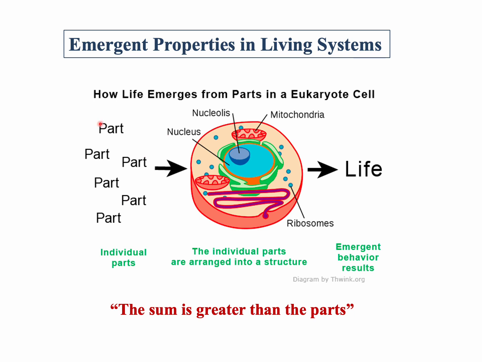We get all these different individual parts, and these parts are going to come together somehow, and they're going to be arranged into a certain structure. In this case, certain things came together to form a cell. And what then happens from here is we get emergent behaviors as a result of that.